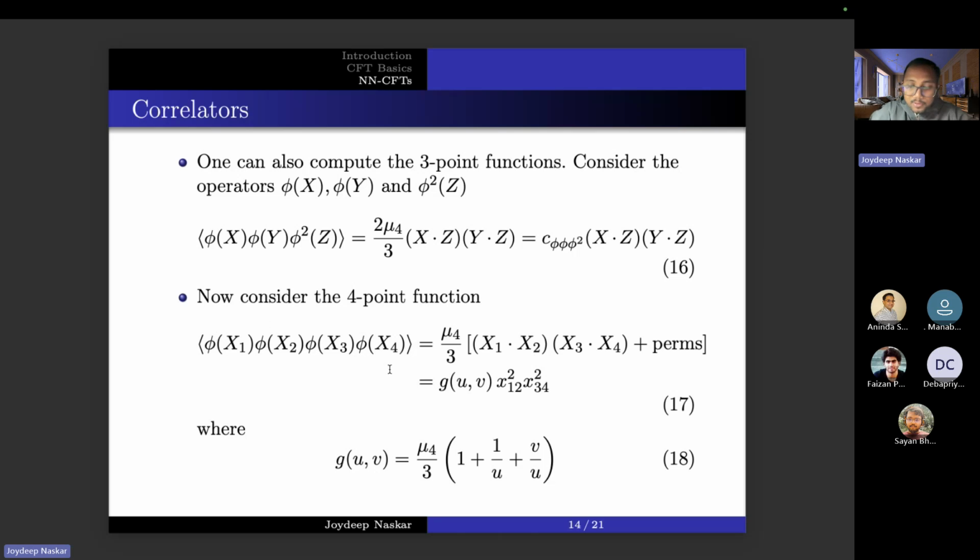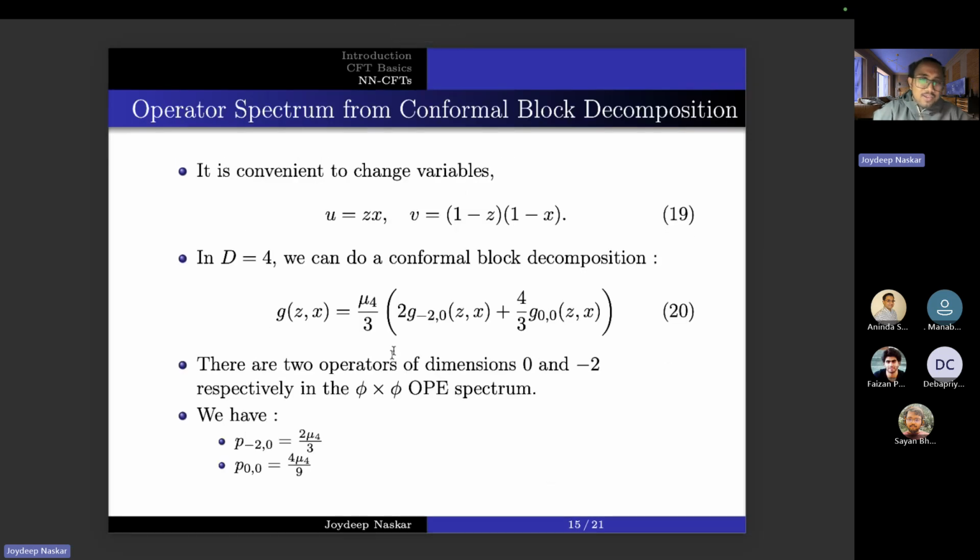It is convenient to change the variables, although I'm not doing anything explicitly here. You fix the dimension. I could have chosen d equal to 2 as well, but I fix it to be d equal to 4. Then d plus 2 is 6.